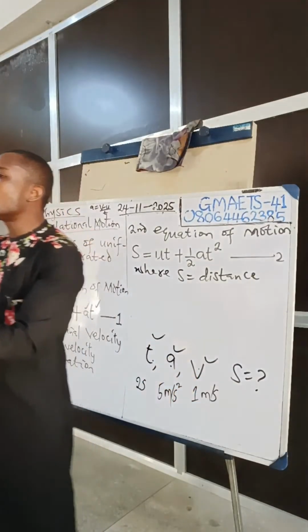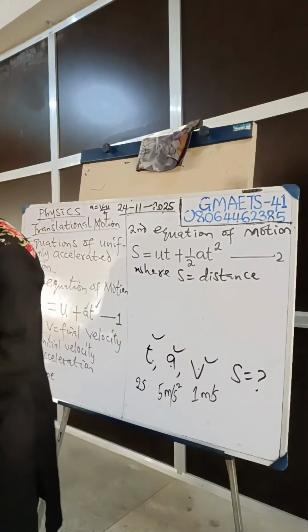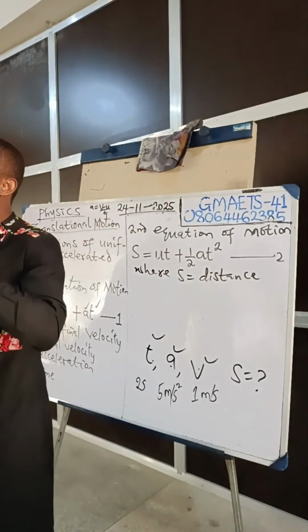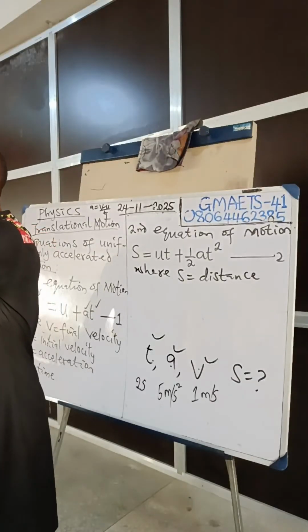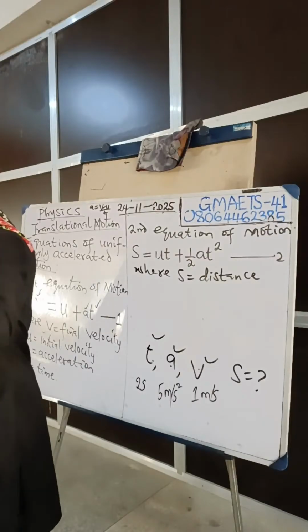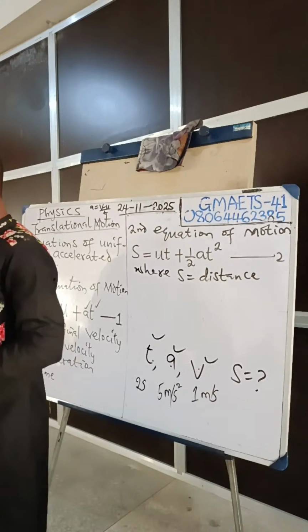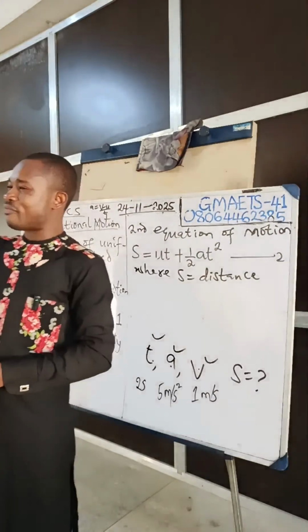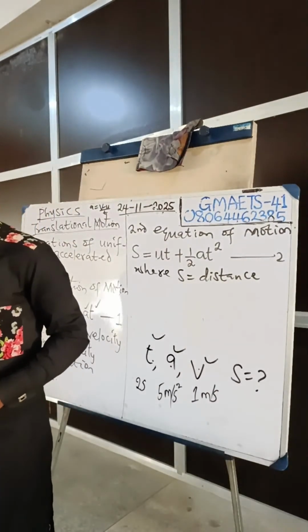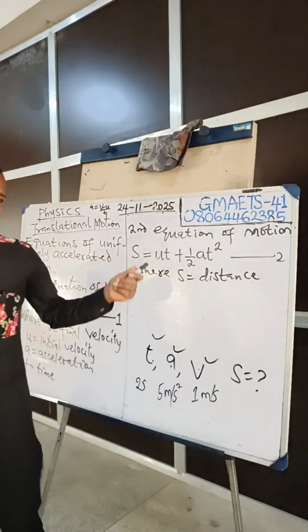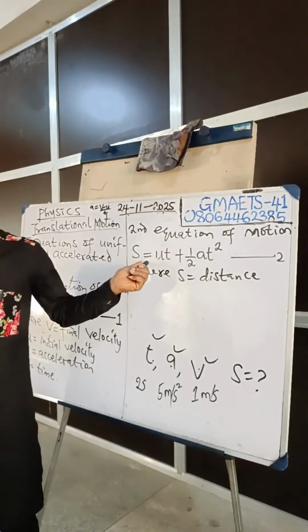You should know when to use a particular formula. You don't use a formula to calculate something that the formula does not contain. However, there are times in which you cannot use a particular formula directly to solve what it contains. Are you getting me right? Like this example I gave. This is used for distance specifically.